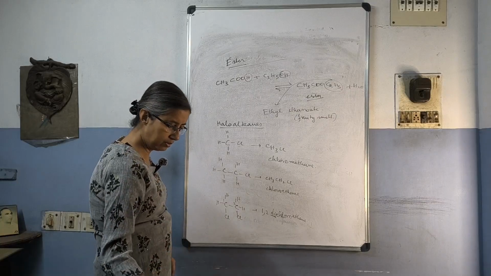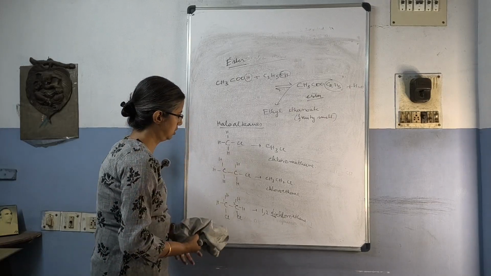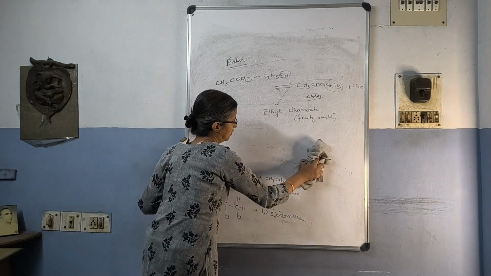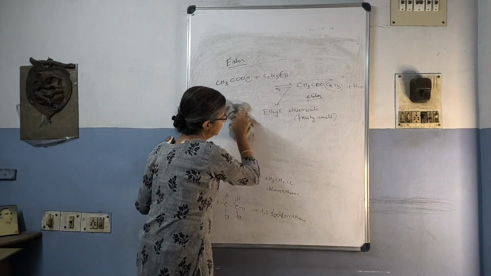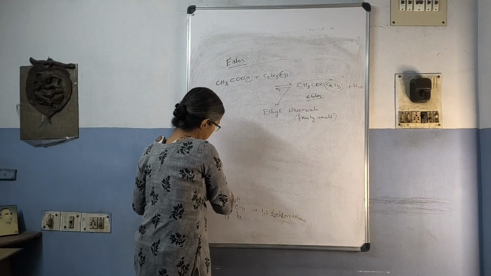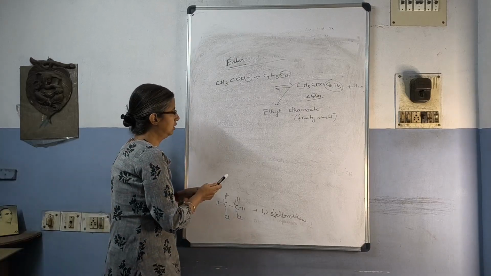Then we will have 1,1. We can have that. This position numbering, 1, 2, is very important in organic chemistry. This will actually give the address of the molecule.